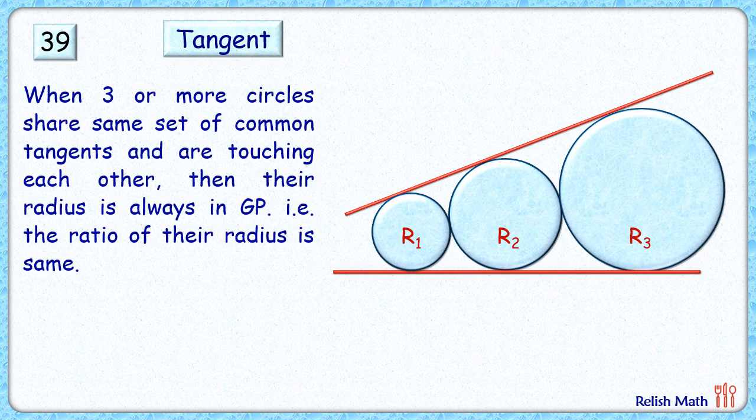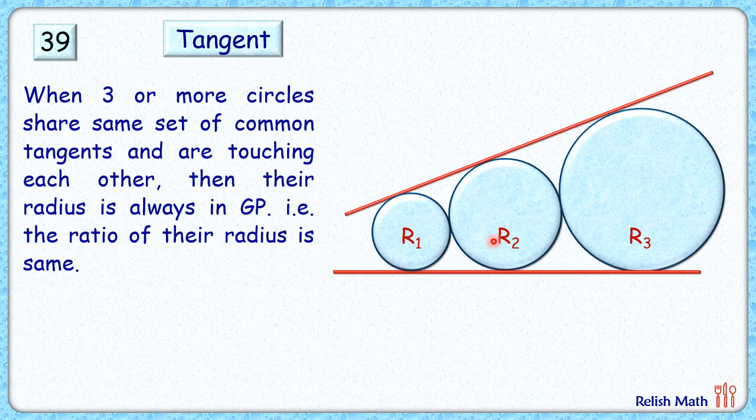Okay, next is a very special outcome. When a series of circles are touching each other, and the circles have a common tangent, there is a beautiful relation between the radii of these circles. You can have n number of circles in this series, and the radii of these circles will be in GP, geometrical progression. That is, the ratio of the radii will be the same.